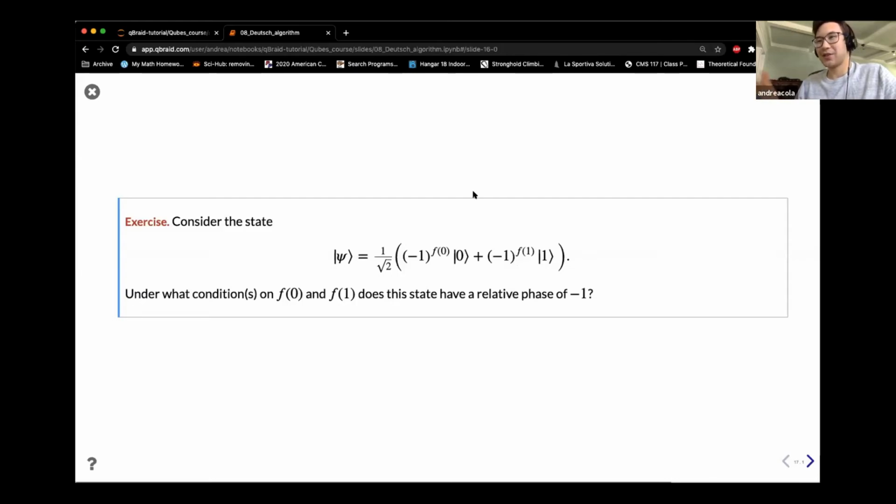And Anjali told us the conditions: when does this state have a -1 relative phase? If and only if the function f is balanced, then there will be a -1 relative phase. If the function f is constant, the relative phase will be +1. In other words, this state here is a ket minus when the function f is balanced, and a ket plus when the function f is constant.